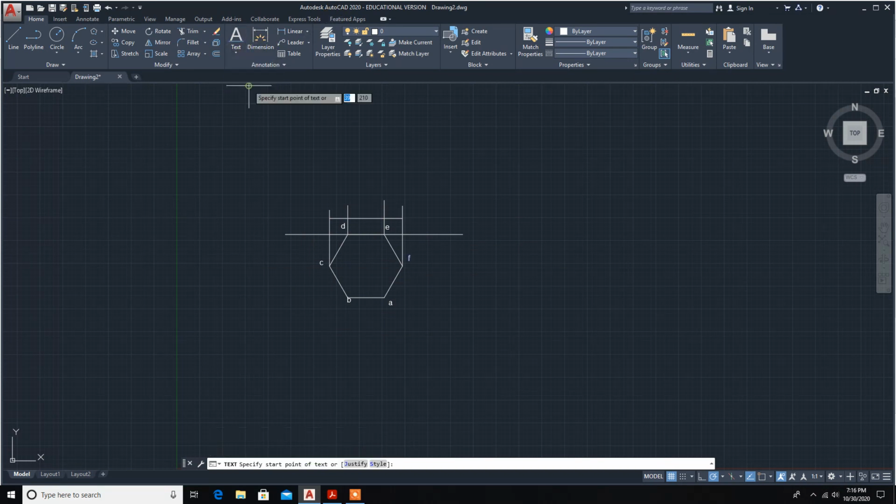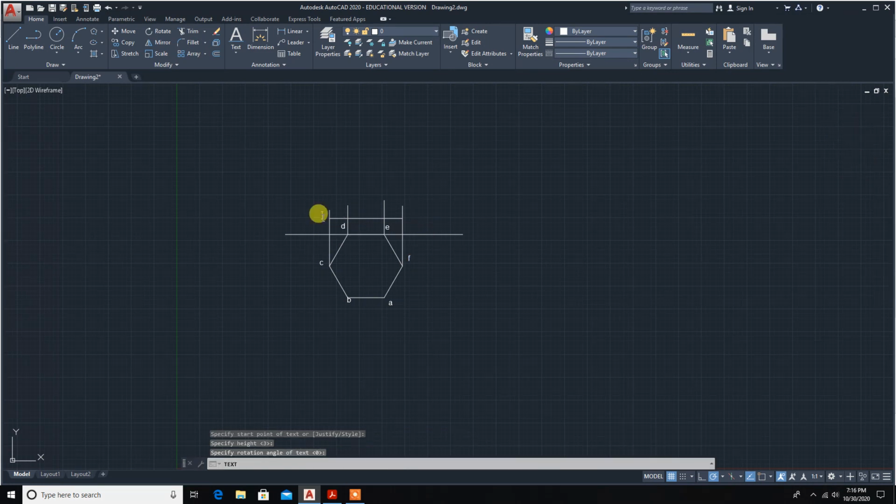So text. Starting point, height 3 mm. Text rotation 0 degrees. So this point will be C dash, C dash, and this point will be B, B and inside bracket D dash because it is hidden.